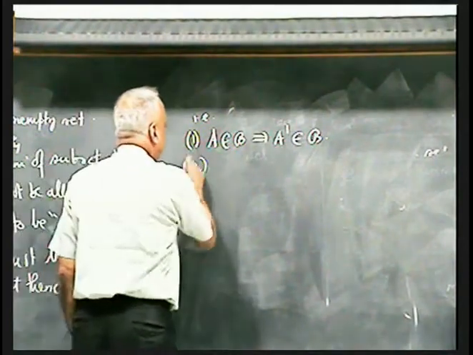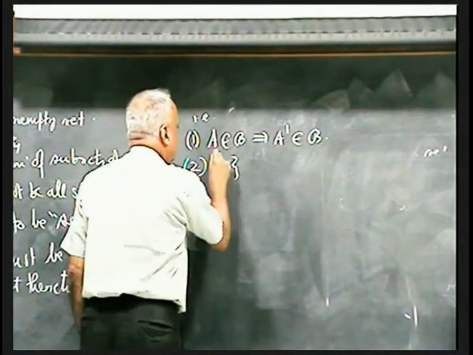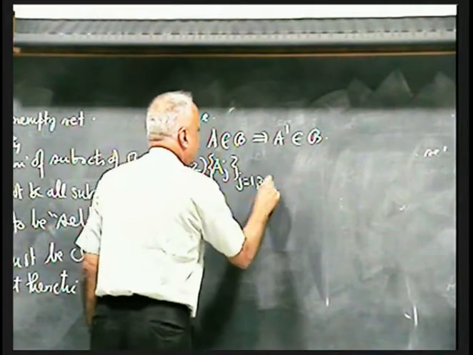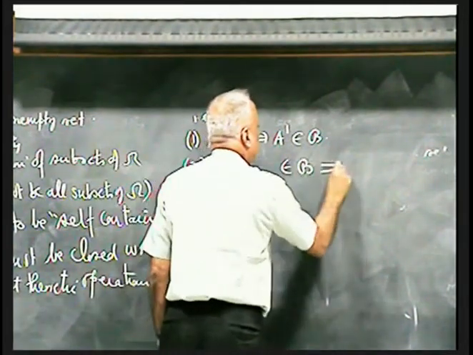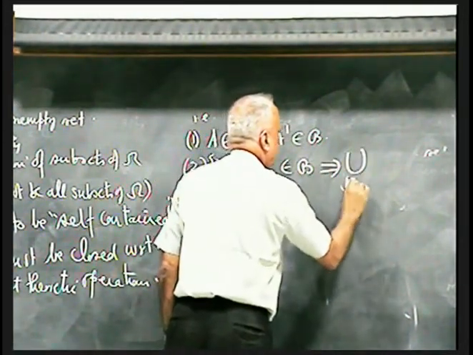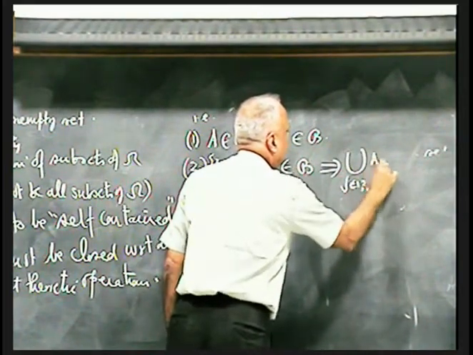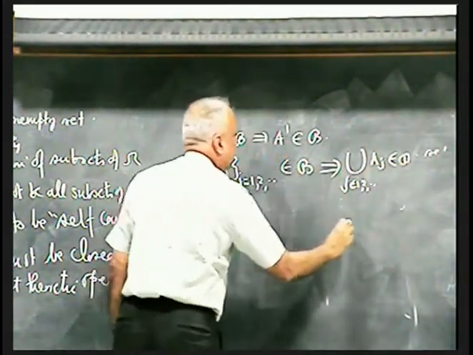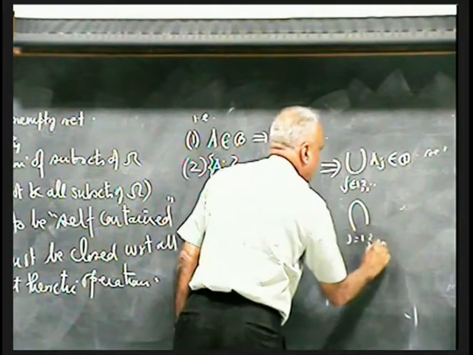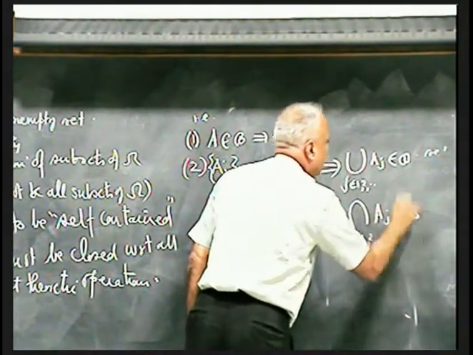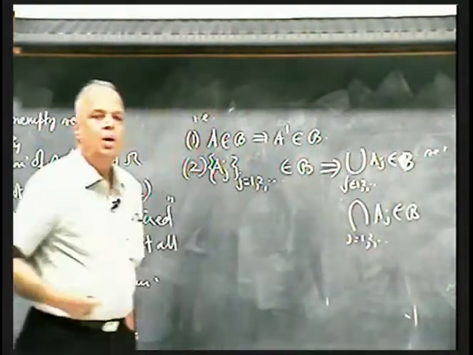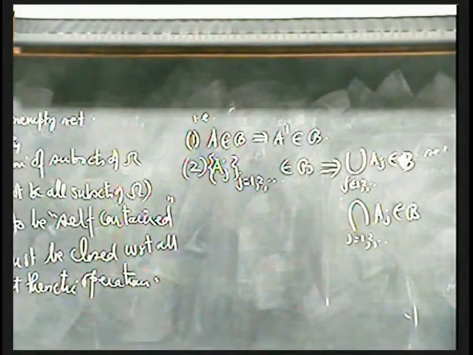Two, if Aj, j equal to 1, 2, and so on, a sequence, belongs to B, then the union over j equal to 1, 2, etc. of Aj must also be in B, and the intersection over j equal to 1, 2, etc. of Aj must also be in B. So I can do countable unions and countable intersections, and the result will still be in B. It's like what we define as a subspace: if I take any two vectors, their sum must also be there, and if I multiply by a constant, that must also be there.